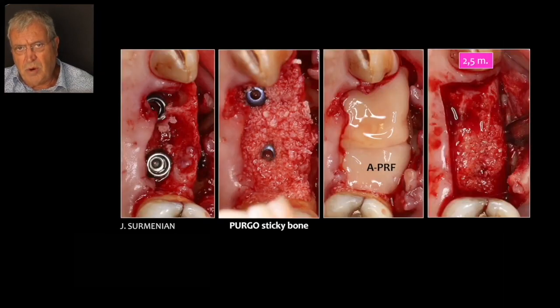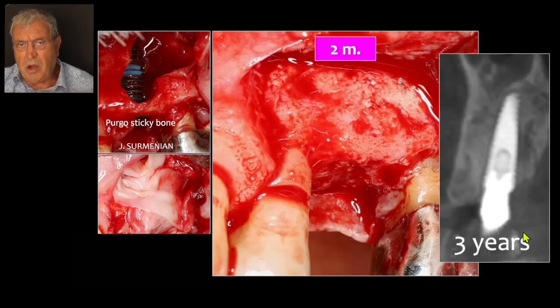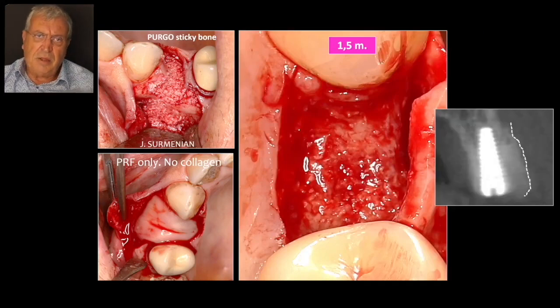Look at the bone above the implants, but it takes 2 months and a half. Can we do less? Yes, we can do it in 2 months because we push the biology. But can we do less again? Yes, in 6 weeks. Exactly like in the tibia.